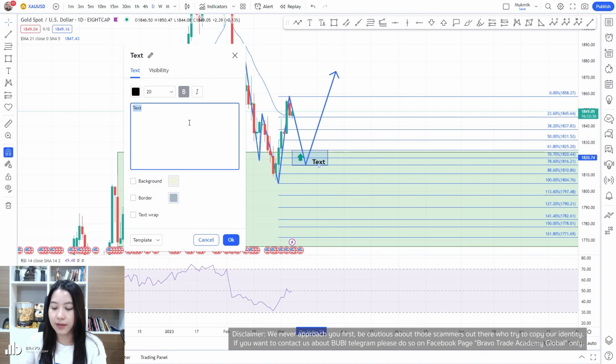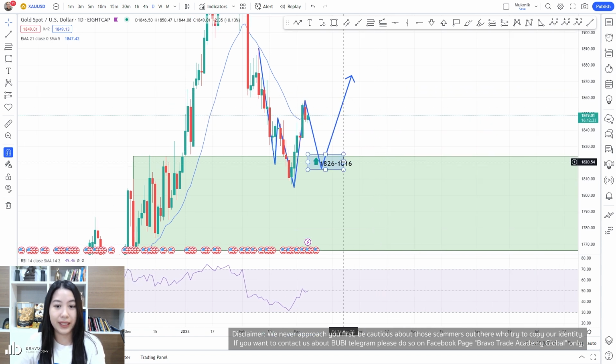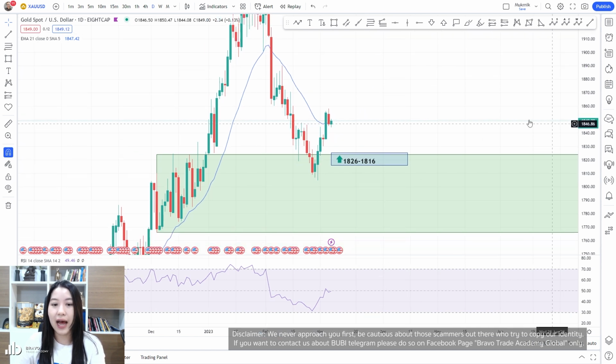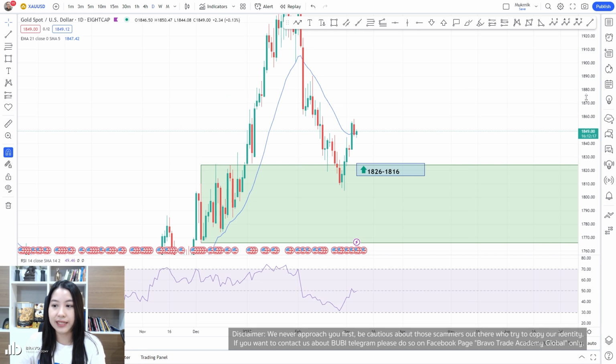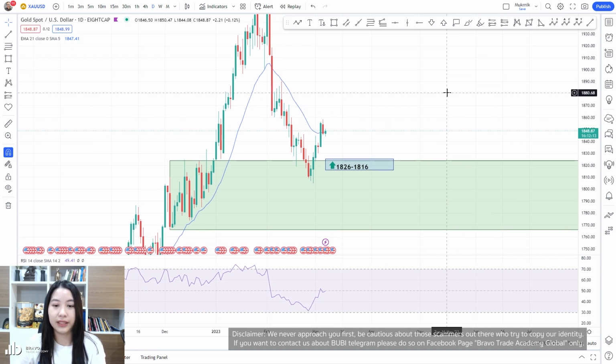The price is around 1826 to 1816. So the QM border is only around 1,000 points. So you need to manage your own risk here. But we will have more precise and minor plans in the hours time frame.